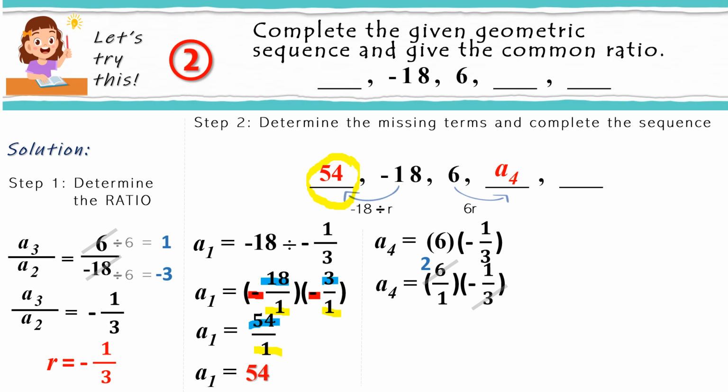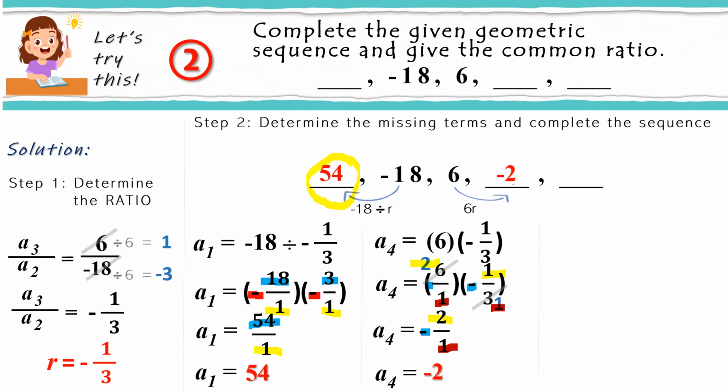So, that is 6 divided by 3 is 2. 3 divided by 3 is 1. So, ang ating a sub 4 ay 2 times 1 is 2. And then, positive times negative is negative. And then, we have our 1 times 1 is 1. So, ang ating a sub 4 ay negative 2. Sulat natin sa ating sequence.